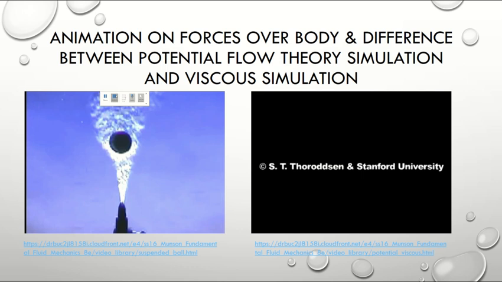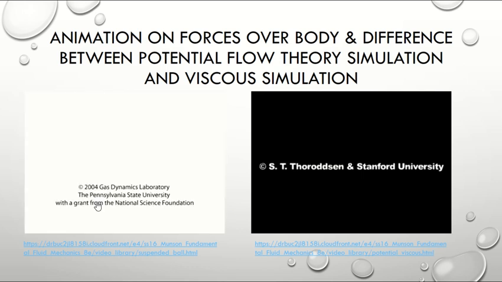At the center of the jet, the flow speed is high and the pressure is low. Therefore, the ball experiences a net pressure force directed from the outside of the jet towards the center line that pushes the ball towards the center of the jet. Okay, so let's watch again.